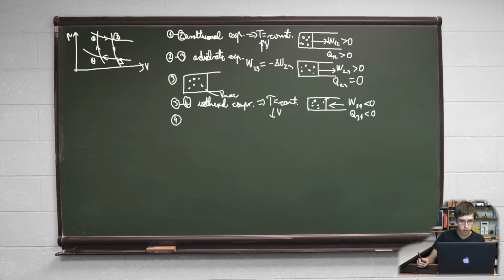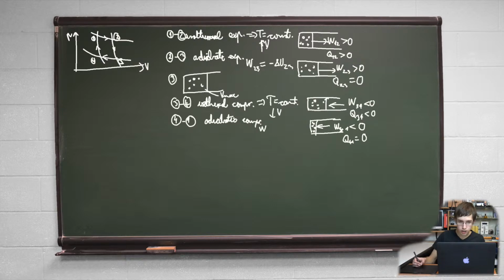And now from point 4 to point 1, this final part of the Carnot cycle is adiabatic compression, where the gas is maximally compressed. Again, work is done by the environment on the system, so W41 is negative, and heat exchange is 0 because it's an adiabatic process.